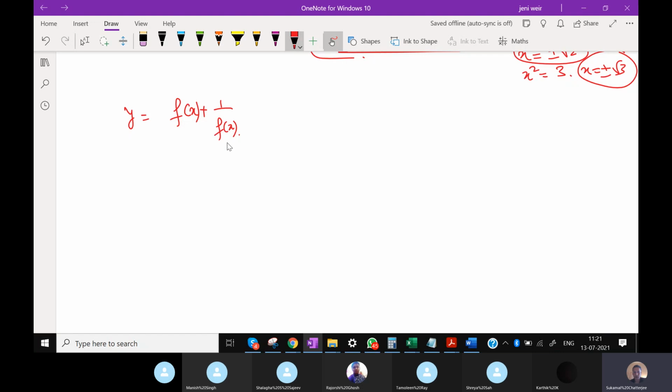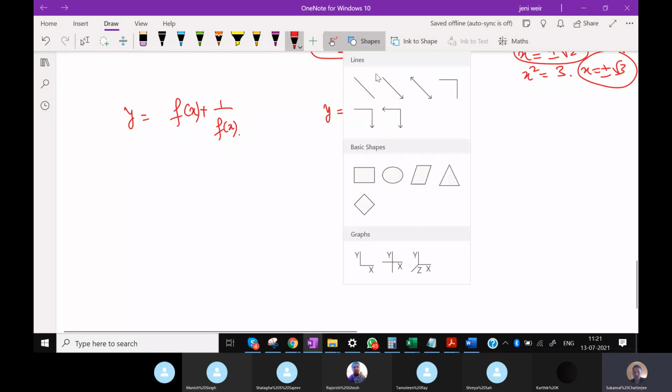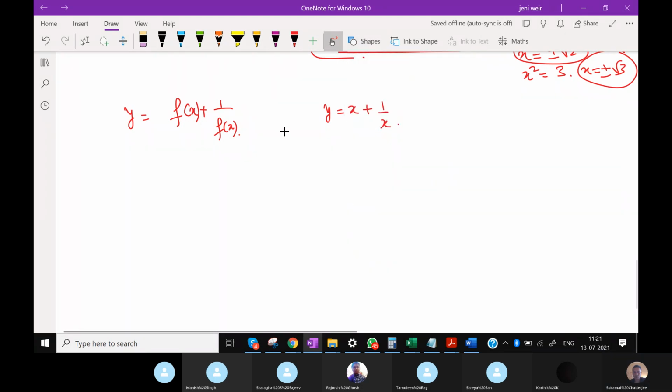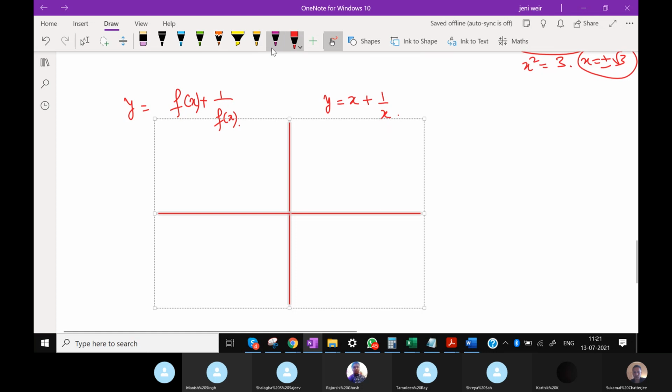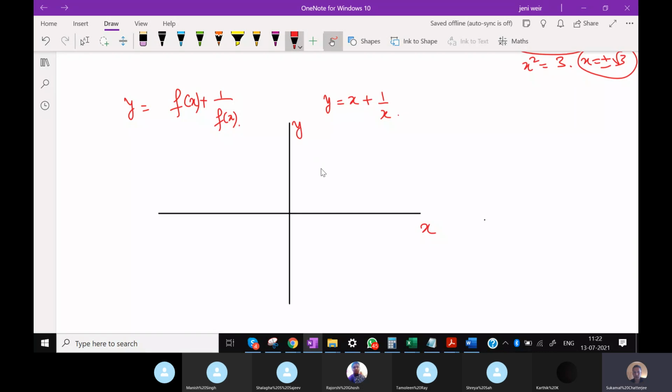Now, if you look at this function in the simplest form, this is x plus 1 by x. And if you plot this function, x versus y, the plot of this function will be an asymptote like this and another asymptote like this, where the values of the maxima and the minima will be plus and minus 2.